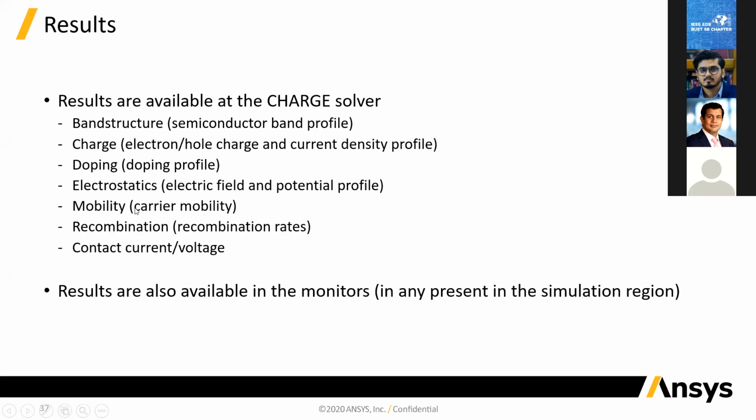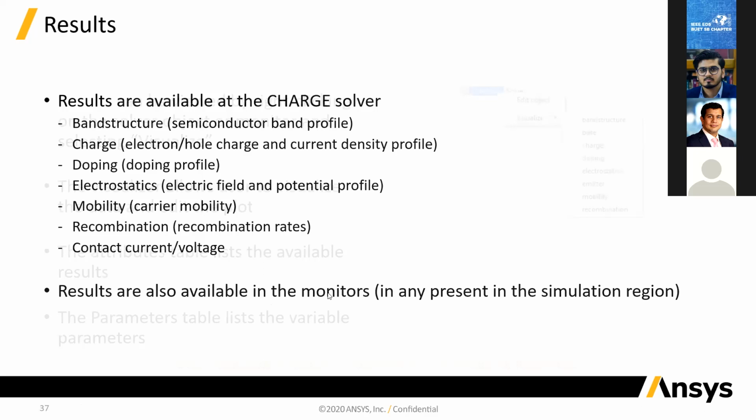Because carrier mobility is a function of, say, electric field and materials, you will see what the mobility of the carriers is at different locations in your design. You can also identify where recombinations are happening. And finally, it'll report the current as a function of voltage. And of course, there are monitors as well. If you place some monitors in your simulation volume, then you'll get results in the monitors as well.